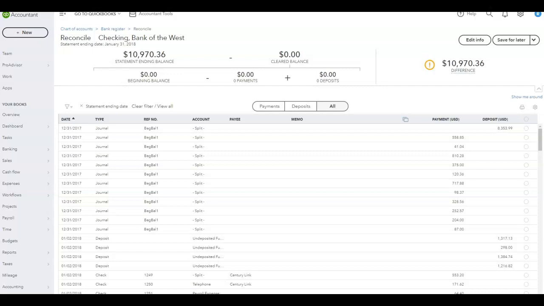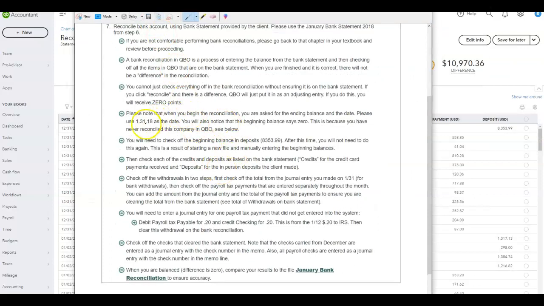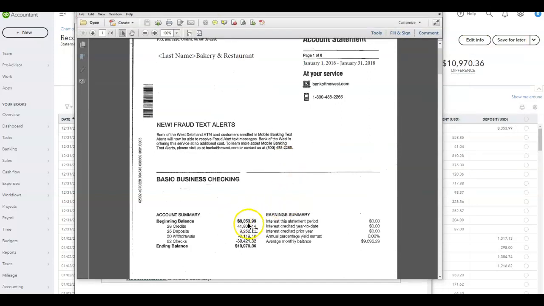So in my instructions, I talked about that when you begin the reconciliation, you're asked to enter the ending balance and the date. Beginning balance is zero. Because you've never reconciled this company in QuickBooks, you need to check off the beginning balance in deposits of 8353.99, which, if you note, was our beginning balance here.